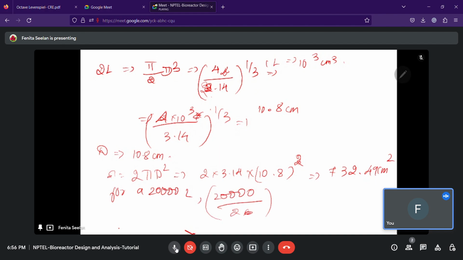The whole power of 1 by 3. 1000 by 3 is 10. So your scale up criteria is again 10.